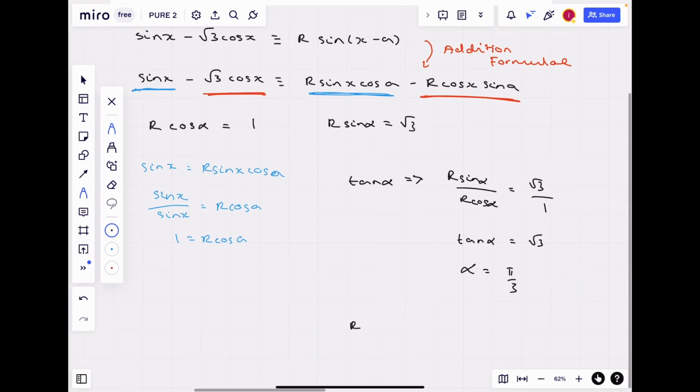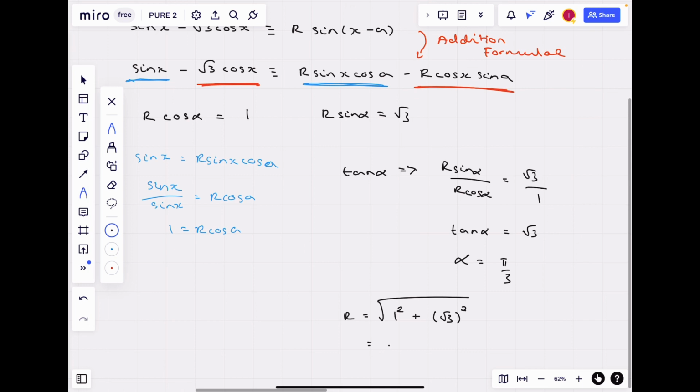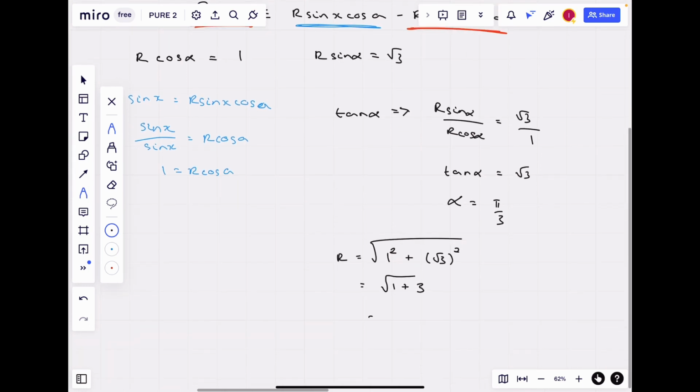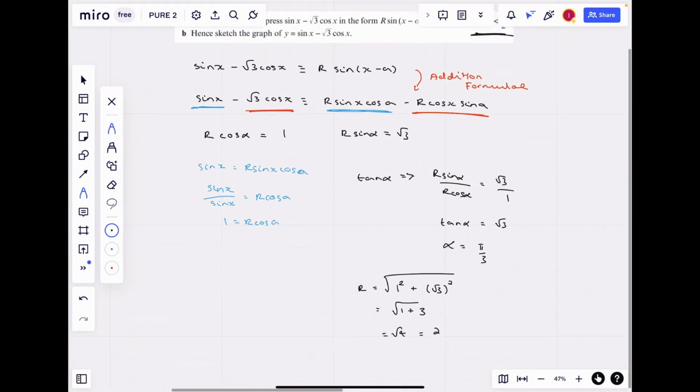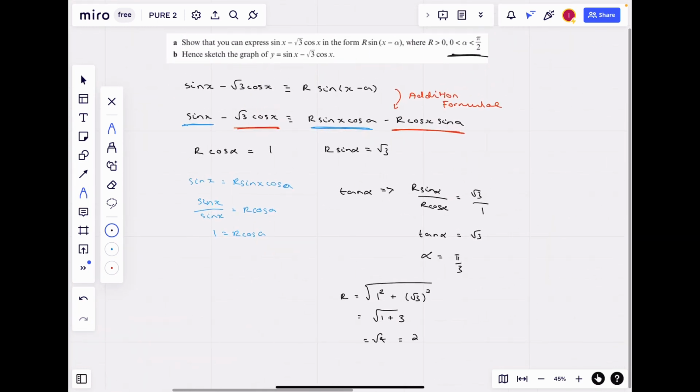So to work out r, we're going to do the square root of 1 squared plus root 3 squared, which is the square root of 1 plus 3, root 4, which is just 2. So r equals 2. So if we want it in this form, 2 sine x minus pi over 3.